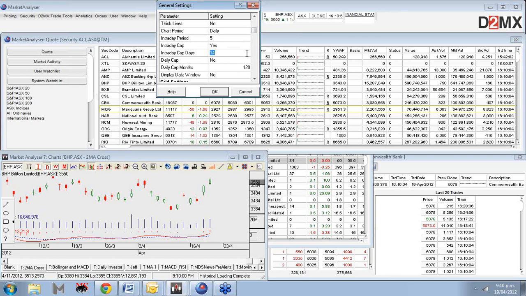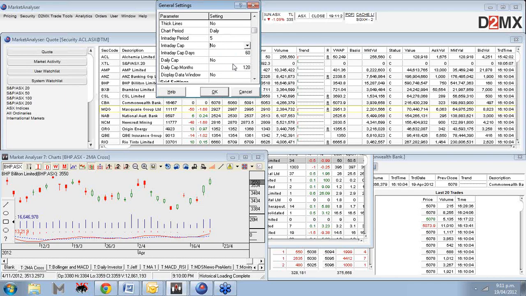If you set that up to say, will last only the 14 periods, sorry, the last 14 periods, we're looking here at 5 minutes, so it would last only the last 14 5-minute bars. If you set that up to 60 with the cap on, then it would load the last 60, or simply turn the cap off and it will load all the data that it has available intraday.